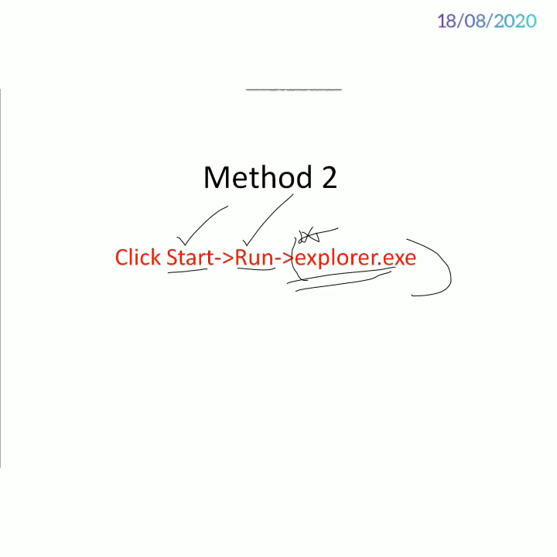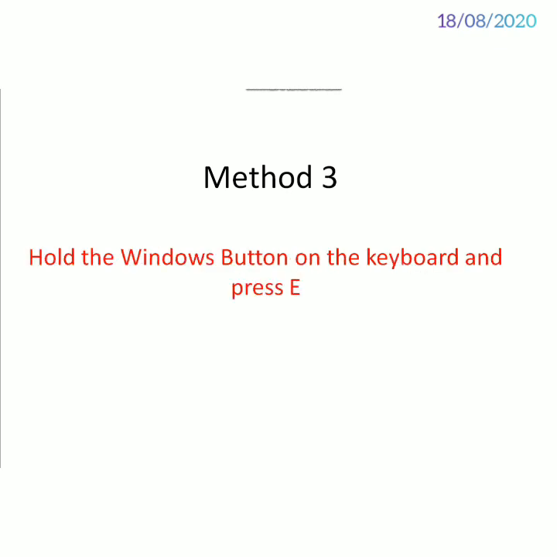Now let us see method number 3. In method number 3, you have to hold down the Windows button on the keyboard, which looks something like this.